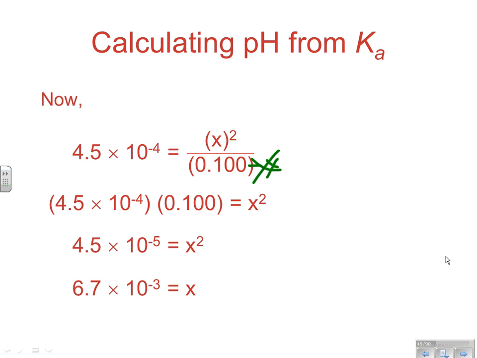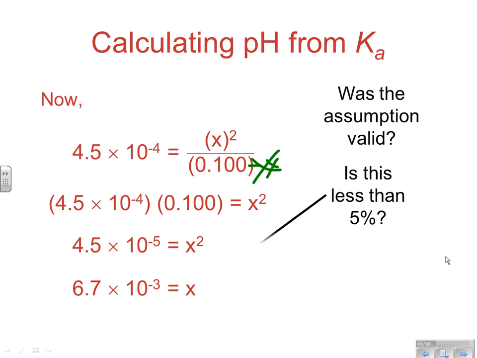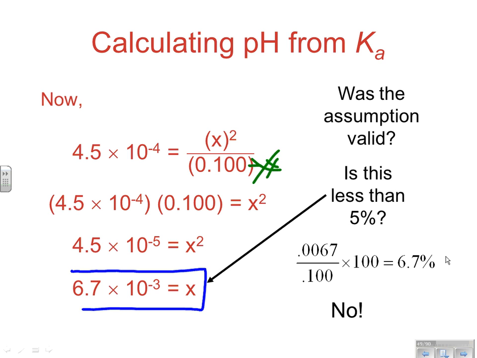Now the question is, was this a valid assumption? Remember, 5% rule. We take our X value, that's how much it dissociated, and divide it by what it started out at, 0.1. In this case, it's greater than 6.7%. And what that fundamentally means is this is not accurate.